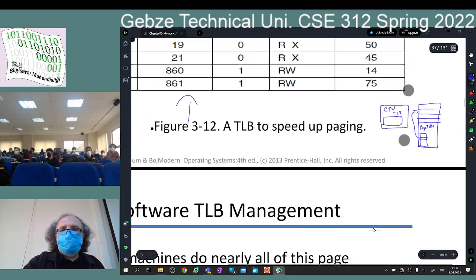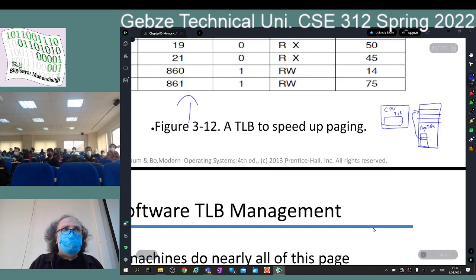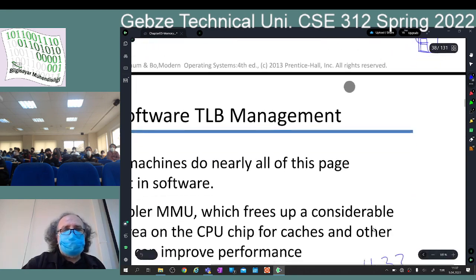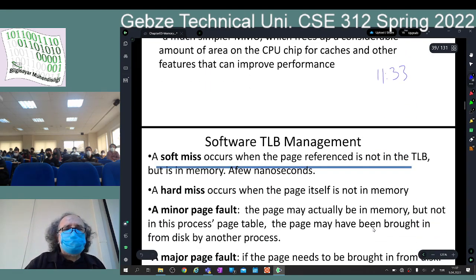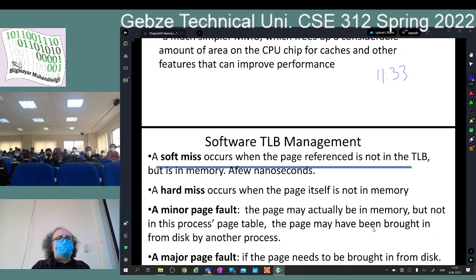That means that I don't have to load the page from the disk. The page is already in the memory, but it is not inside the TLB. That's a bad thing, but it is not a very, very bad thing. That's why it is called soft miss, and it's going to cost me a few nanoseconds because I need to make a memory lookup.